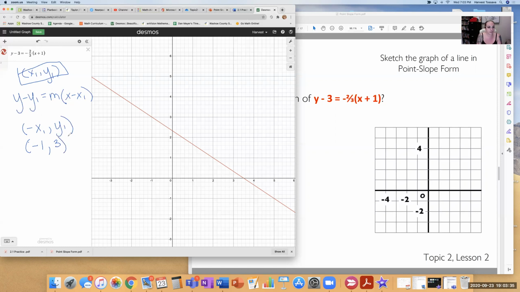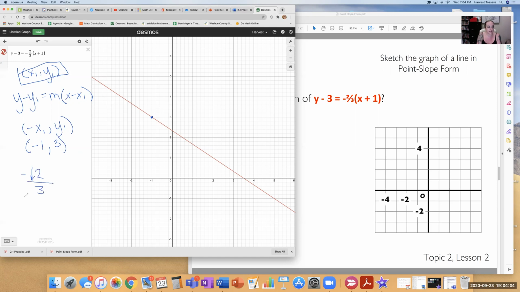So let's look at the graph, and we're going to go to negative 1 and 3. And there it is. There's our point on the graph. From there, let's see if we can apply the slope and it works out. So our slope is negative 2 over 3, which means we're going down 2 and to the right 3, right?